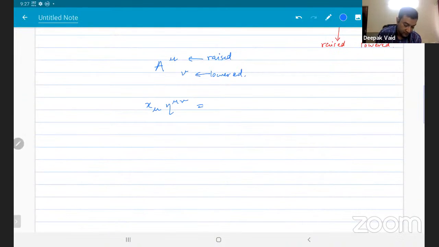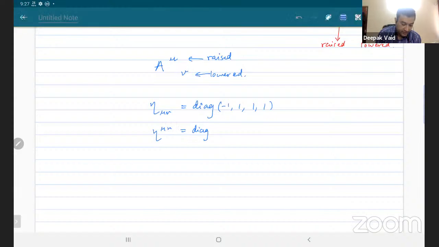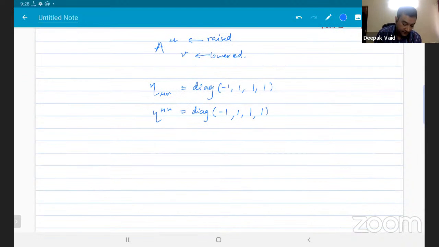Let me write that here. I have defined this eta mu nu, and this is diagonal minus 1, 1, 1, 1. Then eta mu nu with the indices raised is the inverse of the first one, but the inverse of this matrix is the same, because you can see that if you multiply these two matrices, you get the identity.